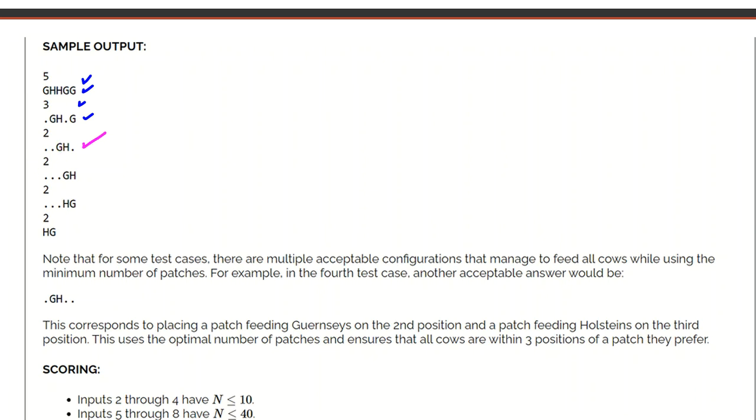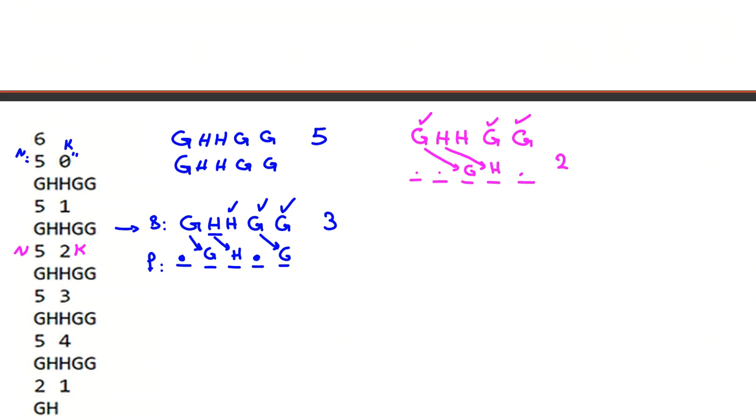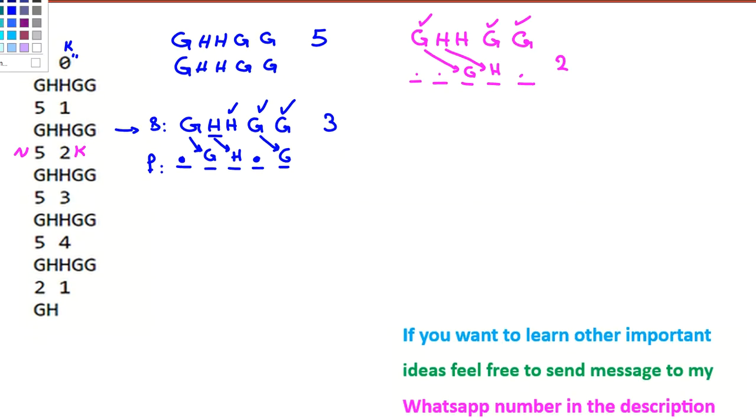We have also other outputs, but it seems that the algorithm of the output of the sample is the same as our algorithm. Now let's check the next one. For this one, N is 5, K is 3.